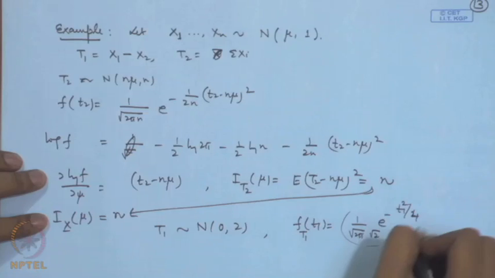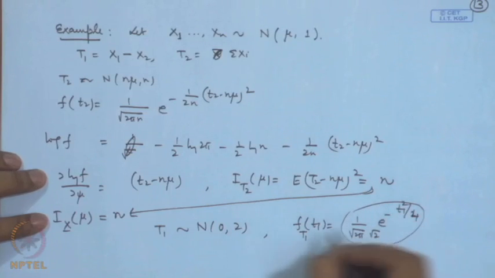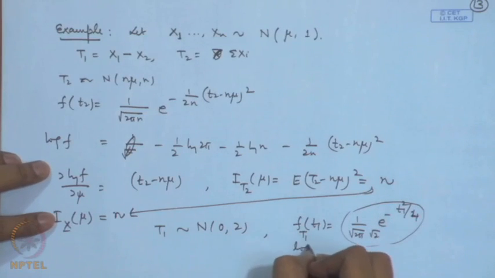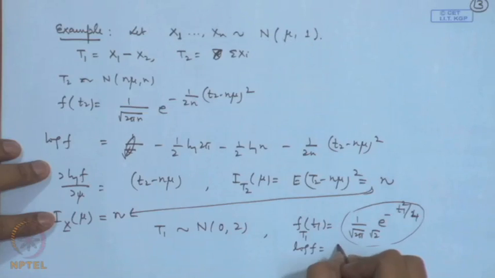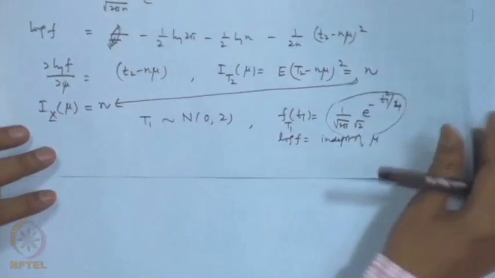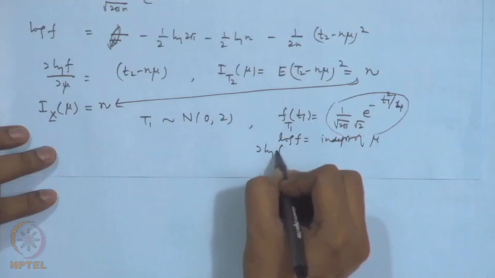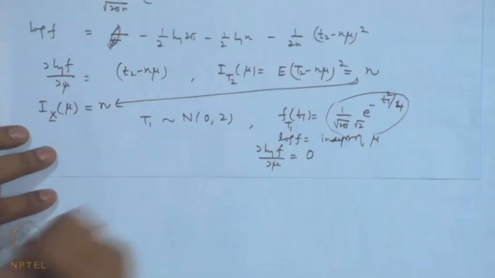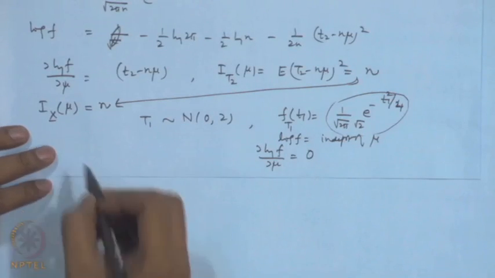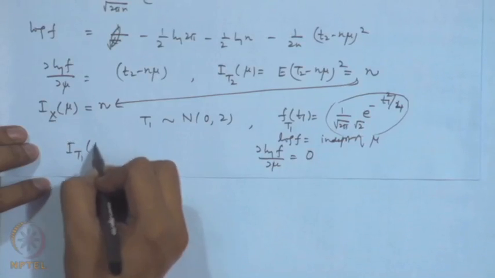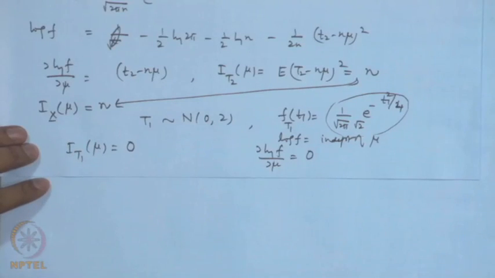You can see there is no mu occurring here. So, the log of this is independent of mu, and therefore the derivative with respect to mu is going to be 0. So, the information in T1 is simply 0.